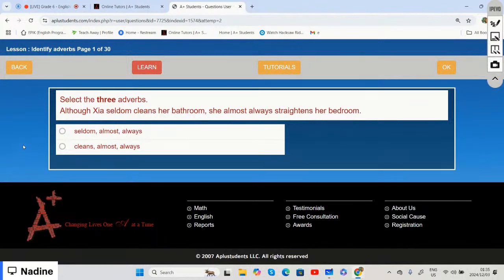All right, so now we're on to the test where we're going to identify adverbs. It says we need to select three adverbs. Although Zia seldom cleans her bathroom, she almost always straightens her bedroom.